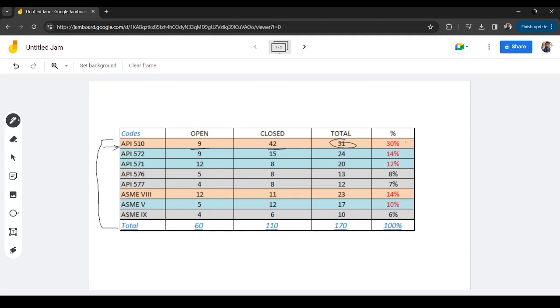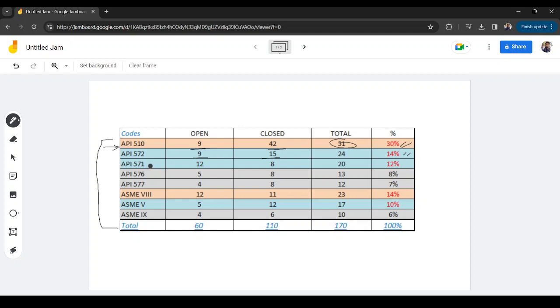That means almost 30% of your exam is covered only if you read and understand API 510 thoroughly. So you will generally never skip API 510. Same thing with 572. If you understand 510, then you will understand 572 also. In 572 there are 9 open book questions and 15 closed book questions. Almost 14% weightage is carried by 572.